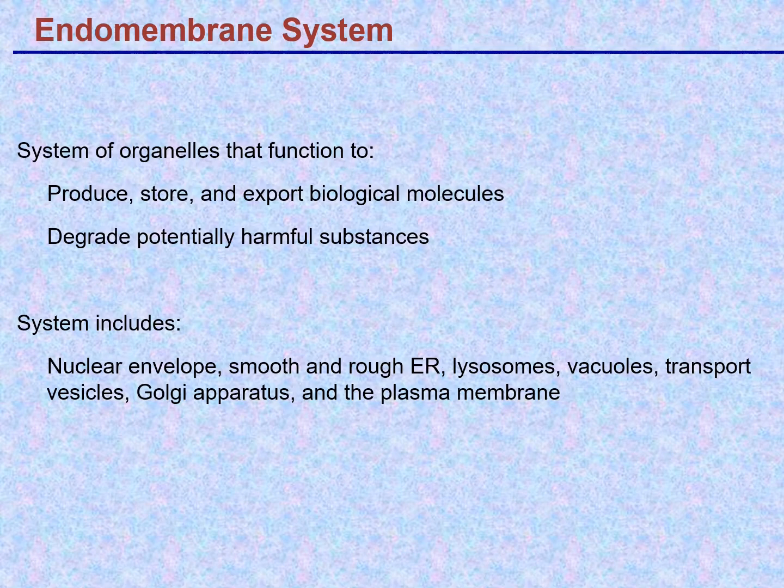It includes the nuclear envelope, because if a gene in the DNA is turned on and transcribed to a messenger RNA, it will move out of the nucleus through the nuclear envelope into the endoplasmic reticulum and interact with ribosomes there, and the information is translated into proteins.